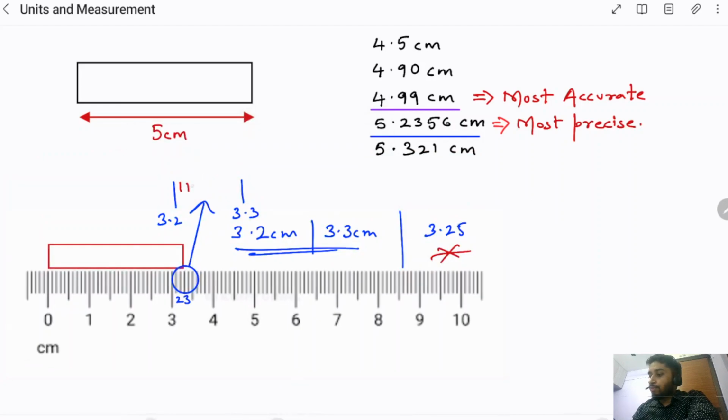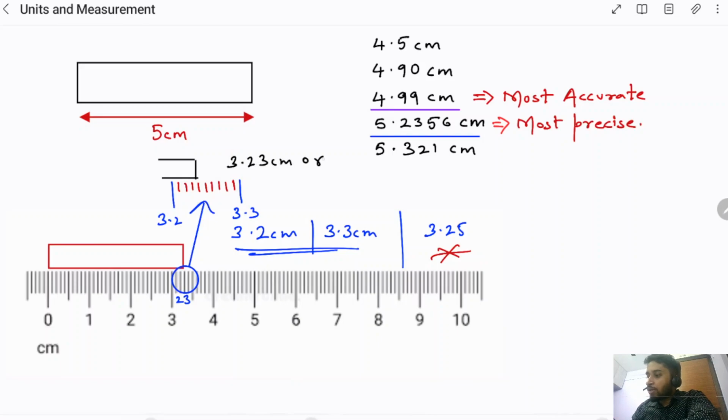And this is further divided in 10 parts, for example. And if the object comes somewhere here, suppose somewhere here, so in that case we can write it as 3.23 centimeter.